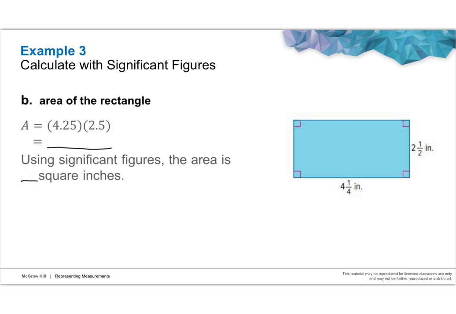decimals. When we multiply them, we know that the smallest number of sig figs is 2, and we get 10.625. So using significant figures, we need to consider that the area is going to be rounded to the nearest whole unit. So that would be 11 square inches.